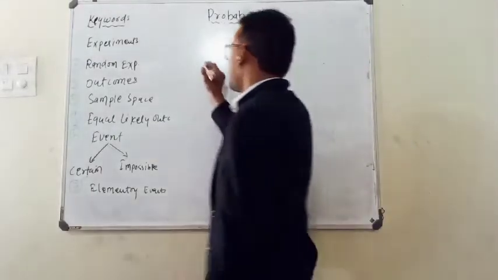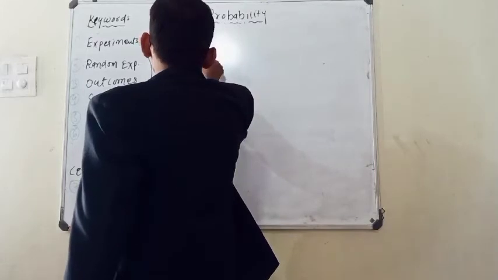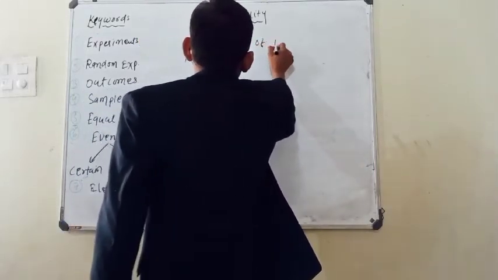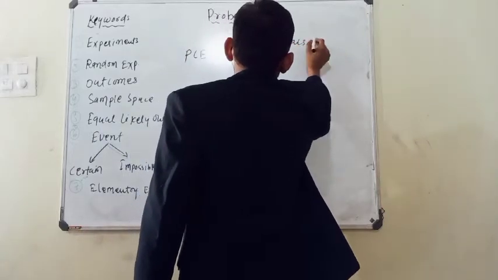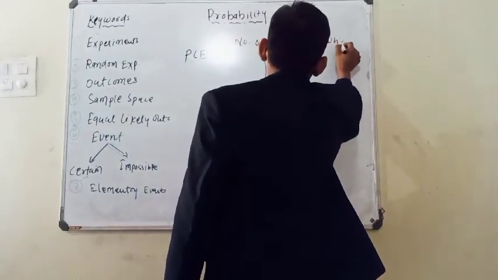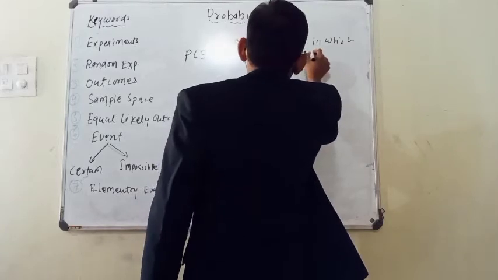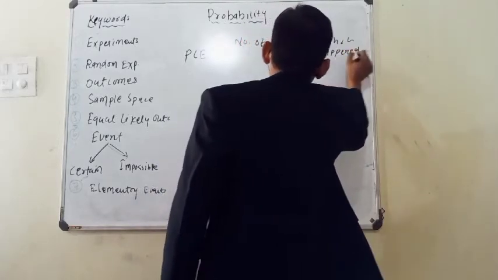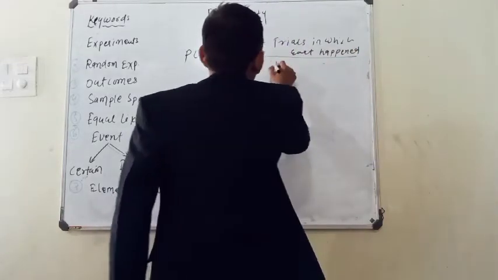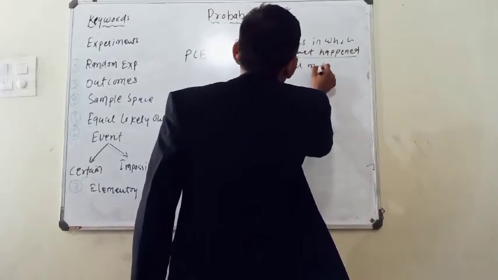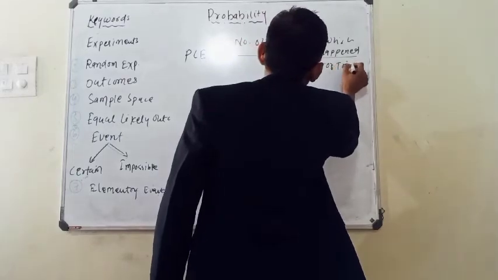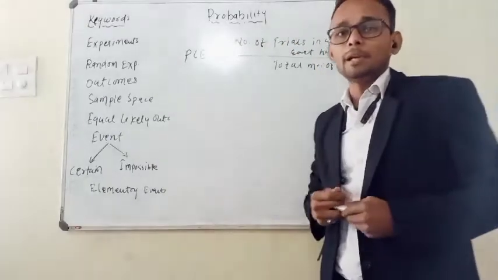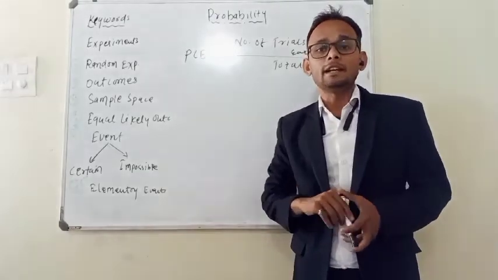In the experimental approach, the probability of any event is equal to the number of trials in which the event happened, divided by the total number of trials. So in class 9, this is the experimental approach, where we find probability through experiments.